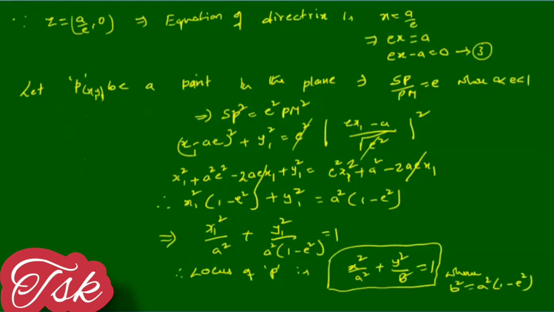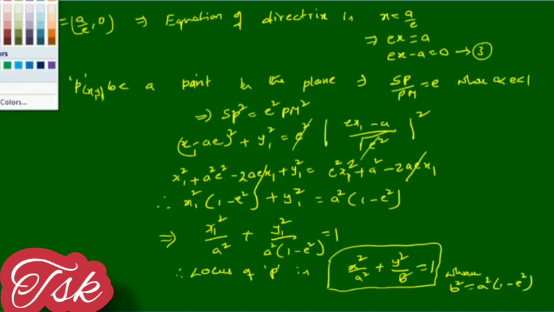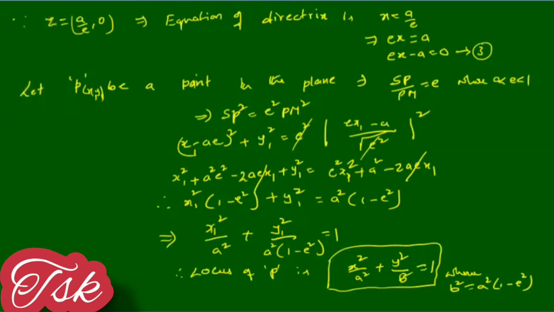It becomes very easy. Since Z is (a by E, 0), the equation of the directrix is x is equal to a by E. That is, Ex is equal to a, so Ex minus a is equal to 0.